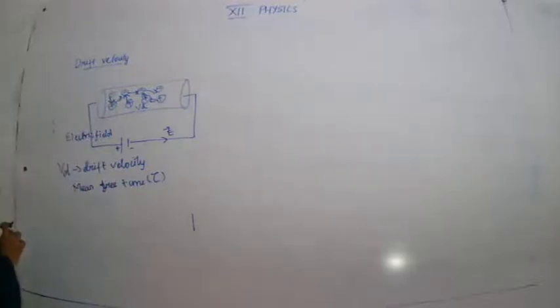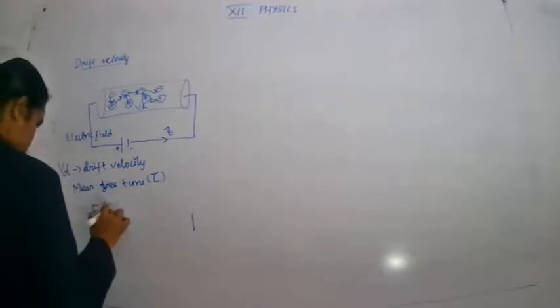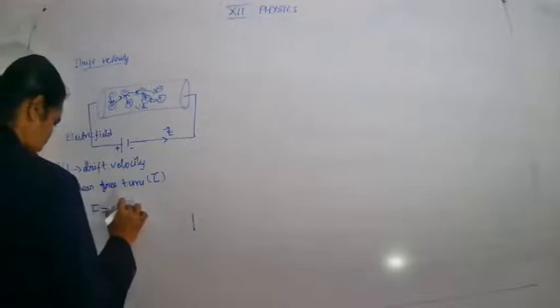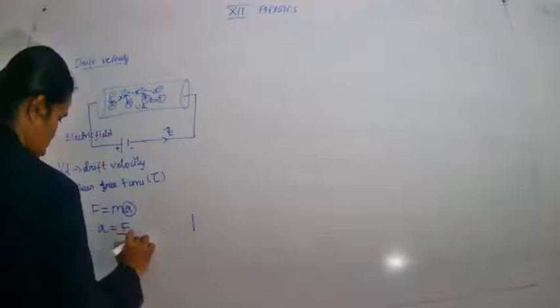Now there is a velocity and a mean free time, so an acceleration is created. This is the acceleration experienced by the electron in the electric field. We know Newton's second law, F equals m a, so acceleration is equal to force by mass.